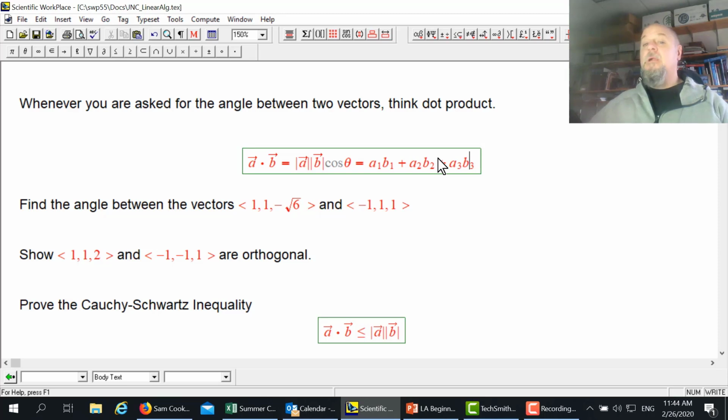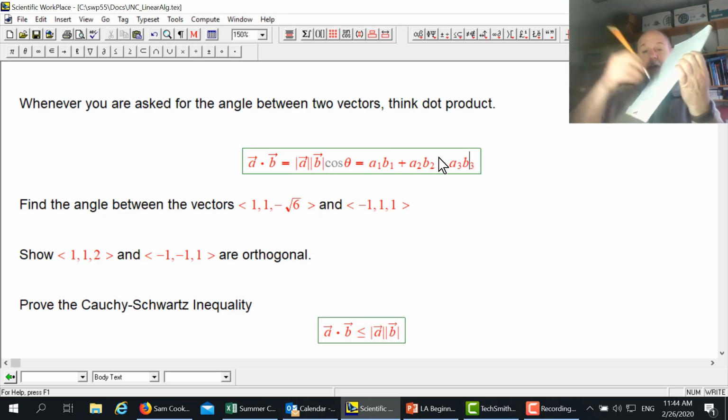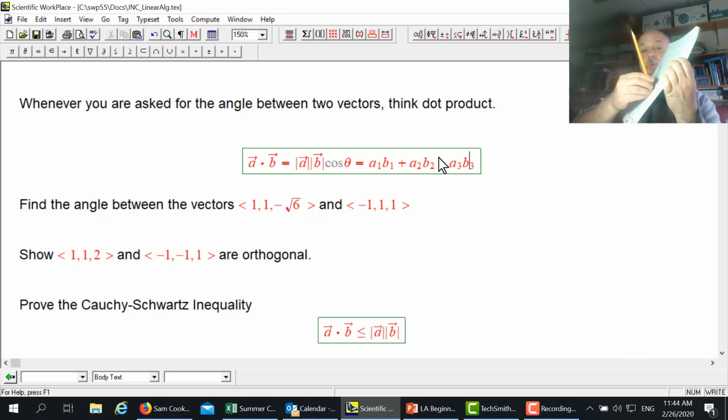Also, whenever we're thinking about the angle between, and we're going to get there in a couple of videos, a plane and a vector, we still think about dot product. Because the plane is defined by its normal vector, I have a normal vector for the plane, perpendicular to the plane, and another vector that I'm talking about.